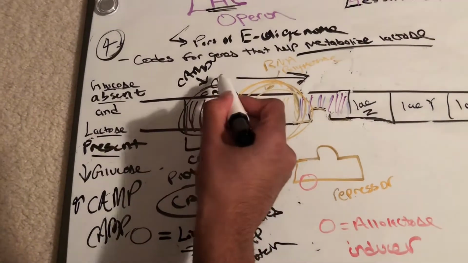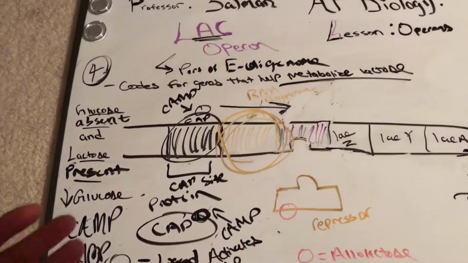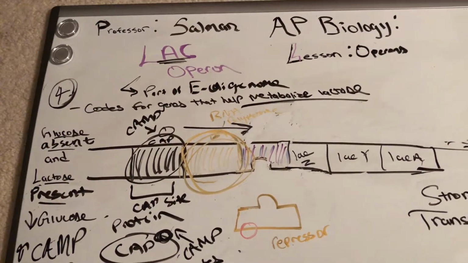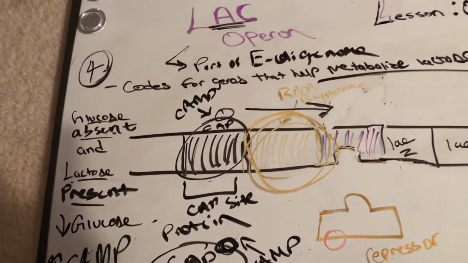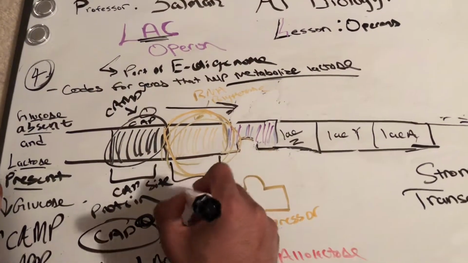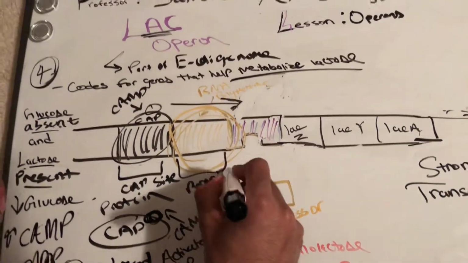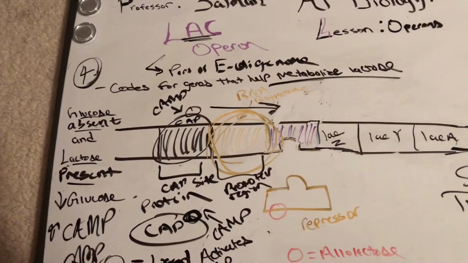And basically the binding of the CAP protein to the CAP site allows RNA polymerase, which is located here, to bind more quickly and more efficiently to this region called the promoter region. Okay, so that addresses the glucose being absent.